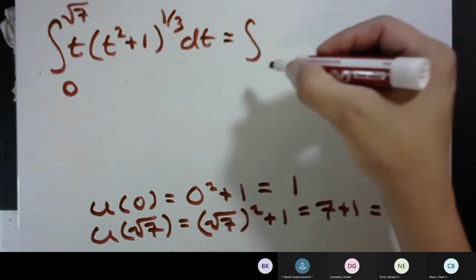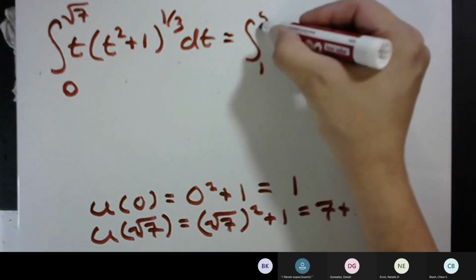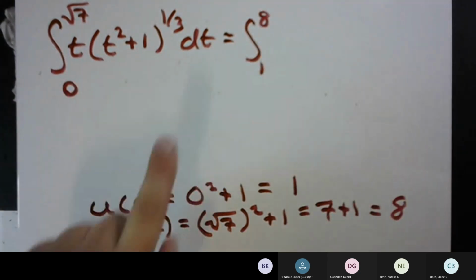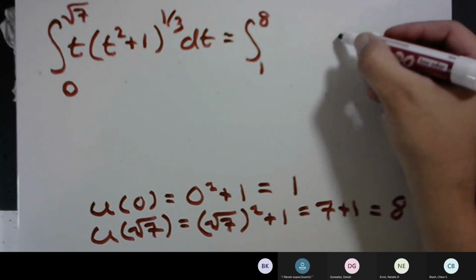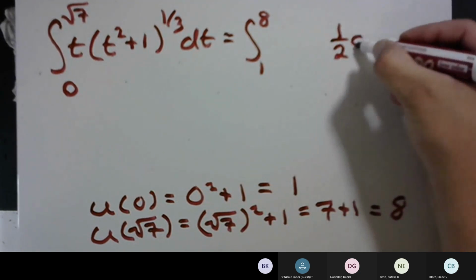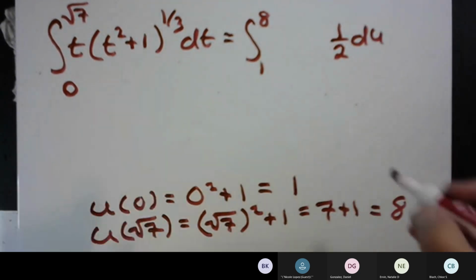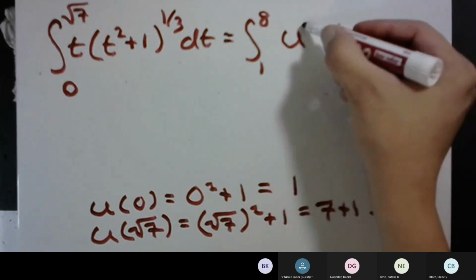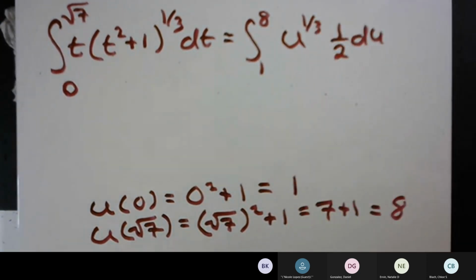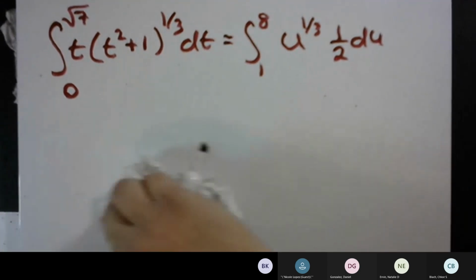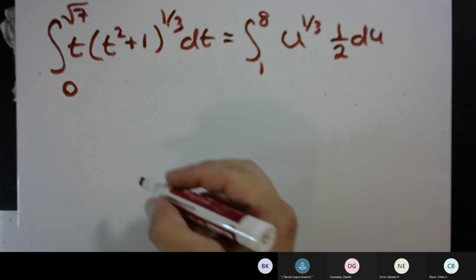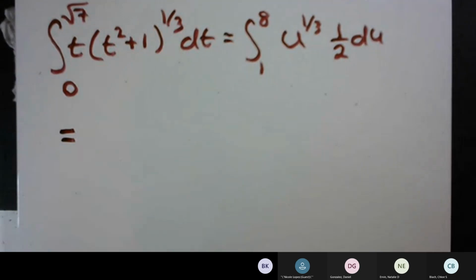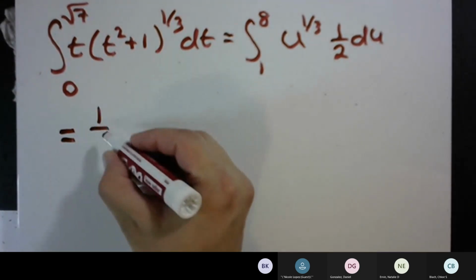Well, this will become the integral from 1 to 8. t dt is going to be replaced with 1/2 du, and this is going to be u to the 1/3. So the 1/2 pops out.